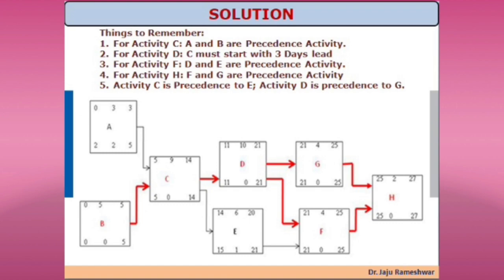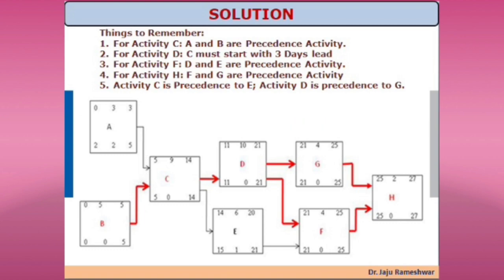Then late start is 2 days, because activity B requires 5 days. So if we start activity A 2 days later, we can still complete on time. So 2 days is the late start for activity A, the float is 2 days, and the late finish is 5.